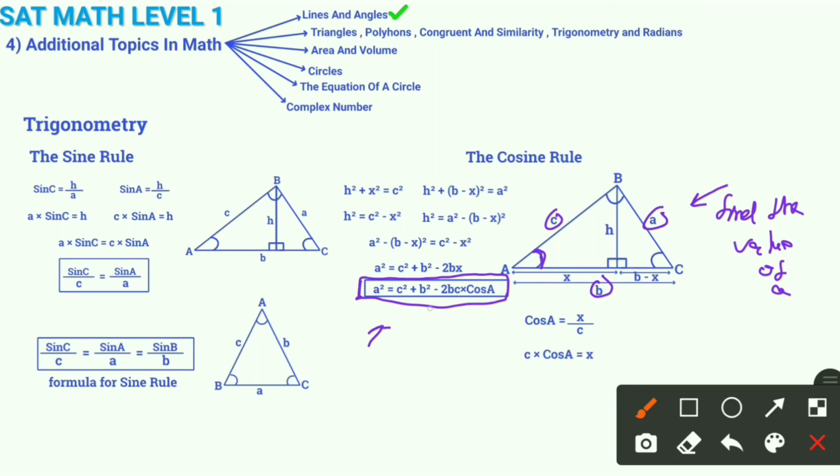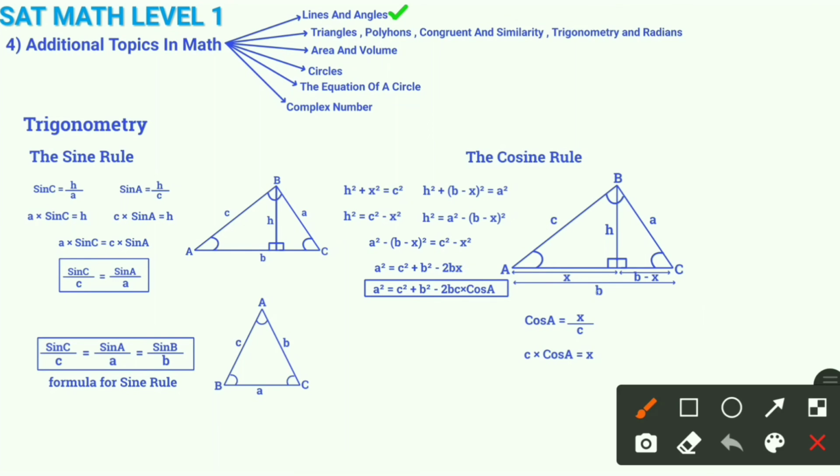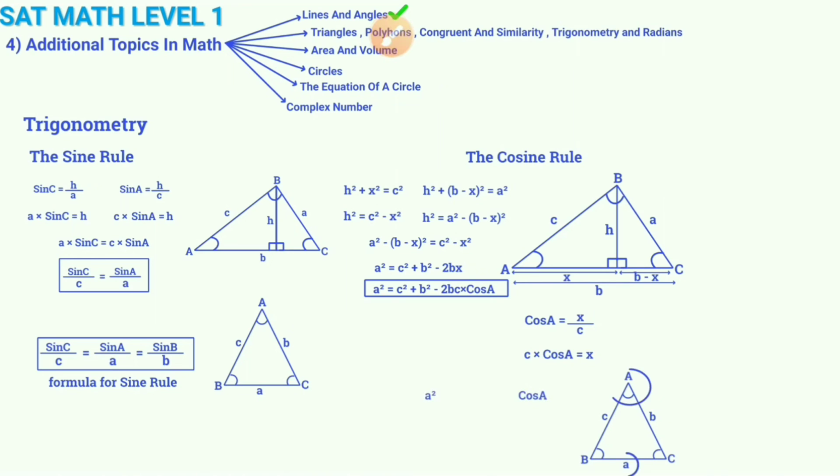So I'm going to use the formula a square is equal to c square plus b square minus 2bc cos a. But let's suppose I want to know the value of this one, and I already know the value of this and this, so it's going to be b square is equal to c square plus a square minus 2ac cos b. And if I wanted to know the value of this one, and I already know this and this and the angle c, I'm going to write it down as c square is equal to a square plus b square minus 2ab cos c. Okay, so this is how you use the cosine rule.